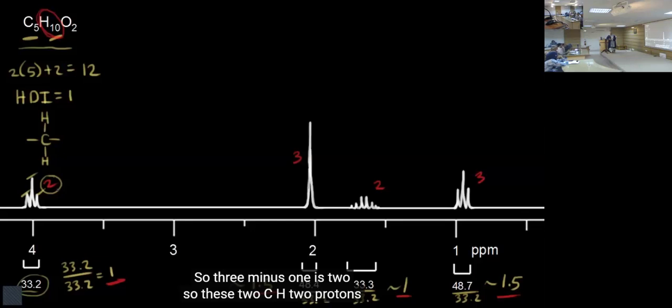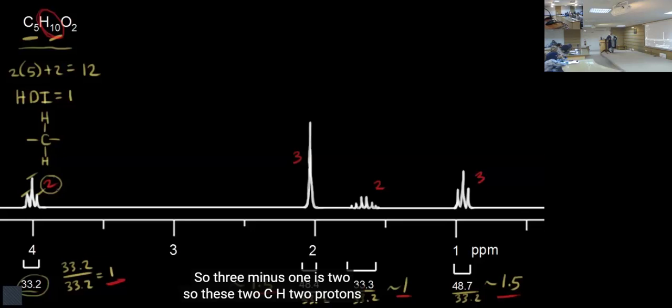Okay, and what about the signal at 2 ppm? It's a singlet. 3 protons, no neighbor. So no neighbor means it has some heteroatom attached to it. Okay. And 3 protons means CH3, and it's very downfield for a CH3.